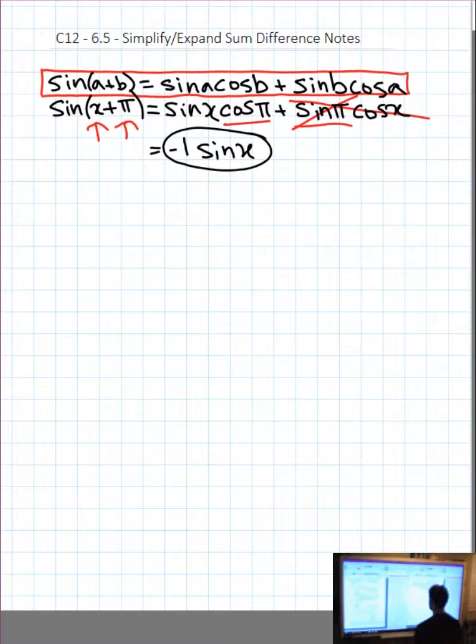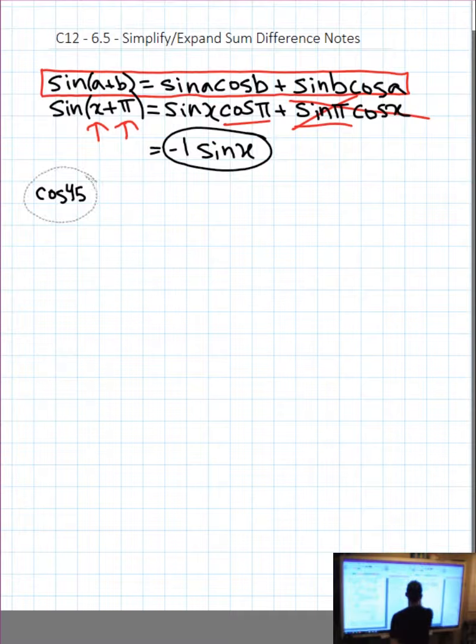So sometimes we simplify something, sometimes we expand and simplify, sometimes we start from an expansion and go to a simplified form and then possibly work on it further. So let's take the next example off to the right. Cos 45, cos 30, I'm going to bring it down a line so I have room to write the formula directly above it.